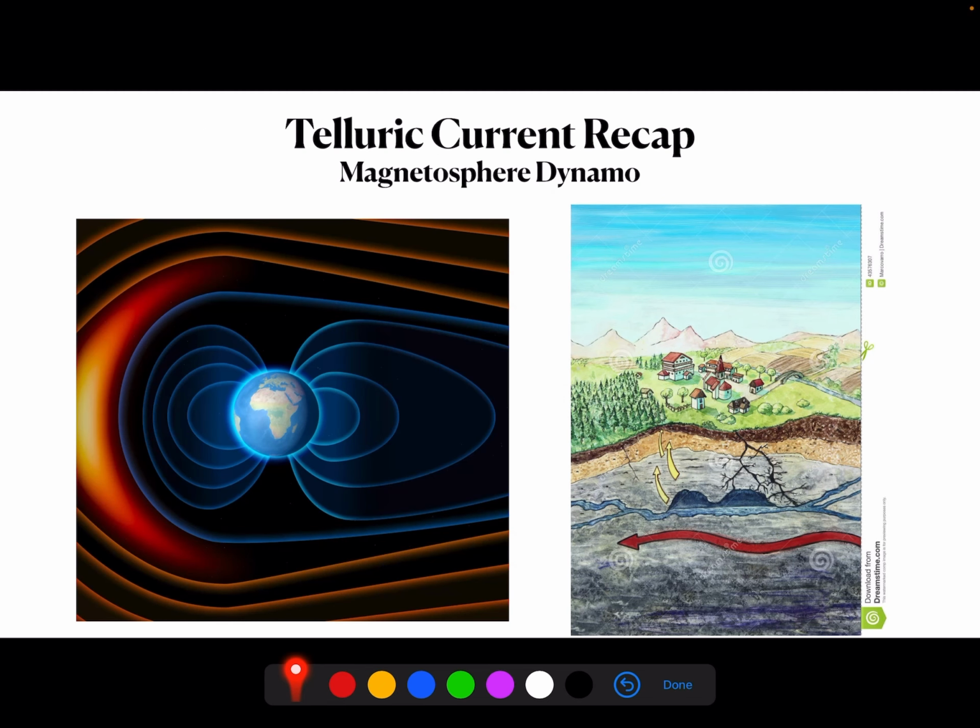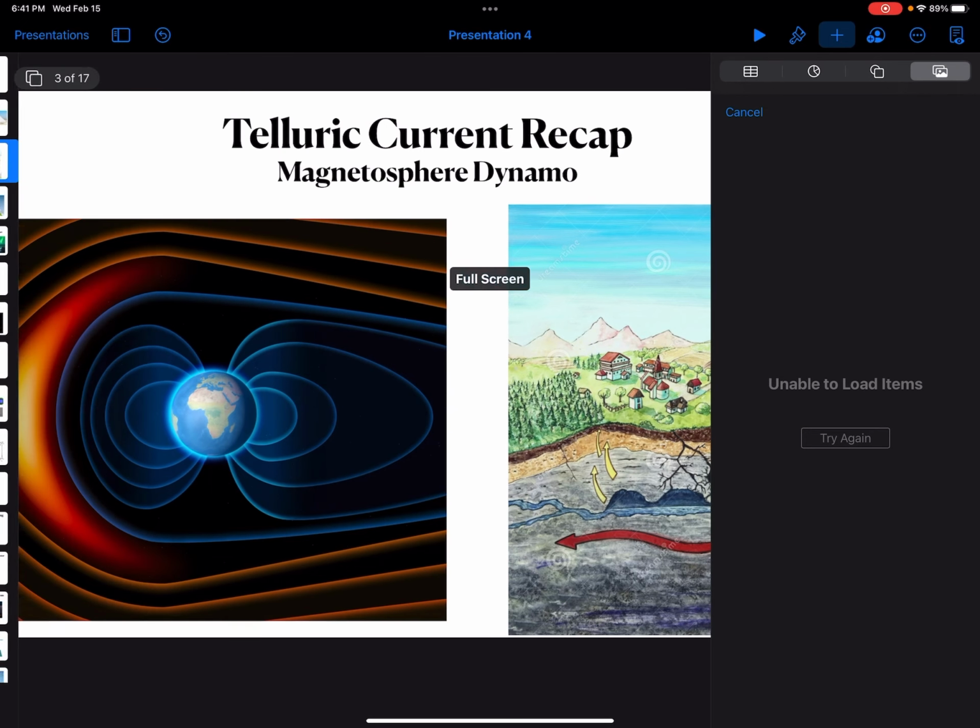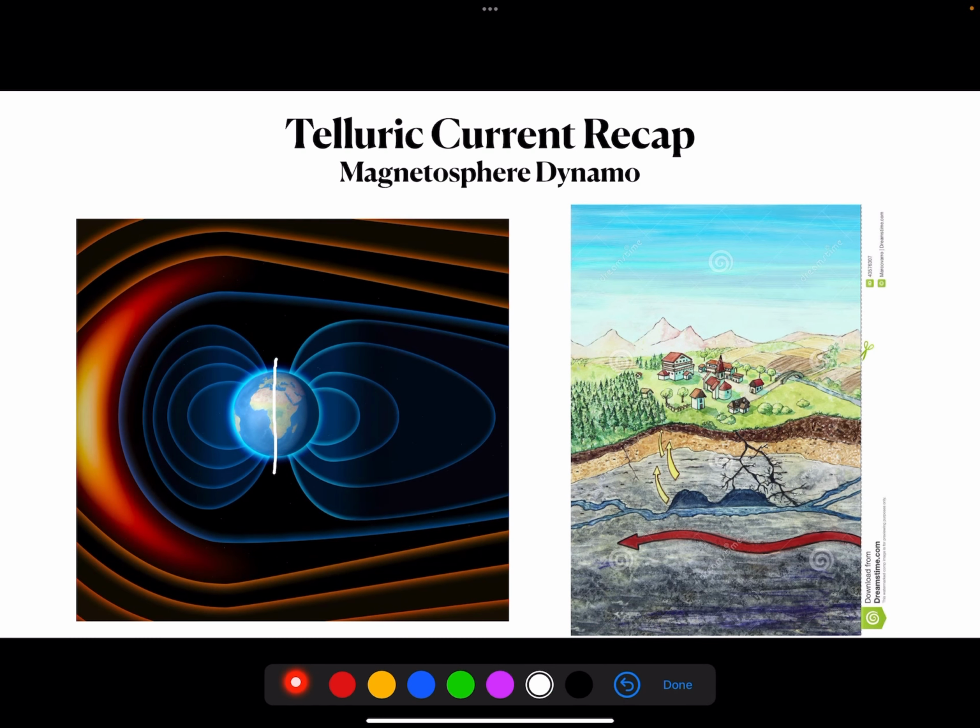And a little recap of what happened last time with telluric currents. I explained a theory called the magnetosphere dynamo. Imagine the Earth spinning on its axis, with a magnetic field emanating from the core.